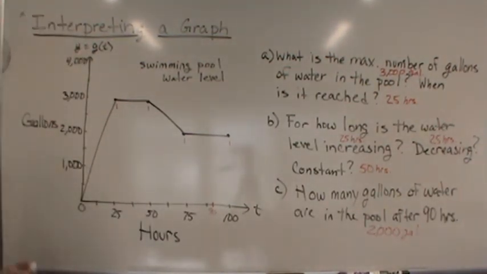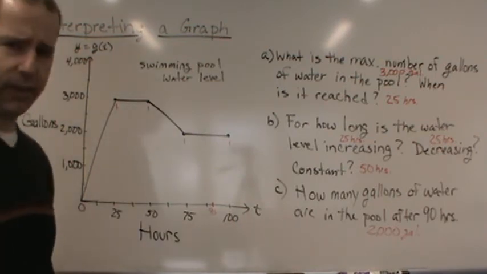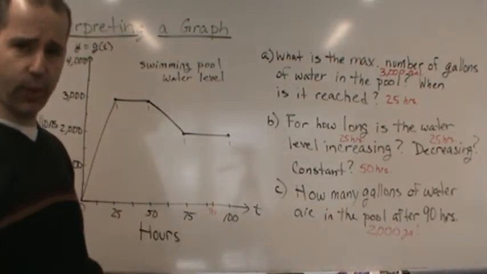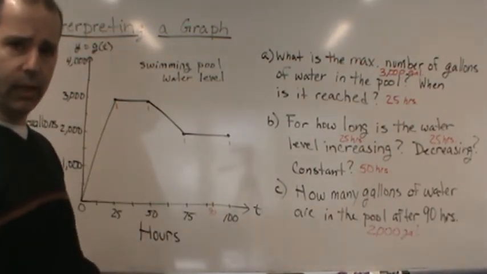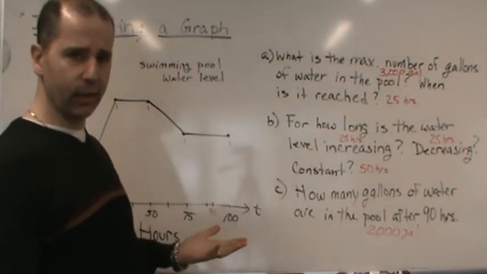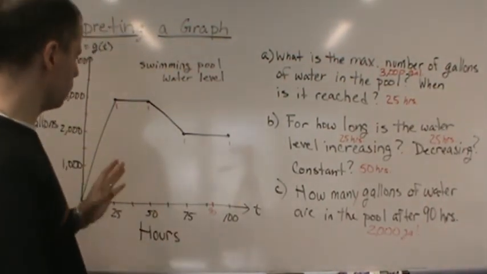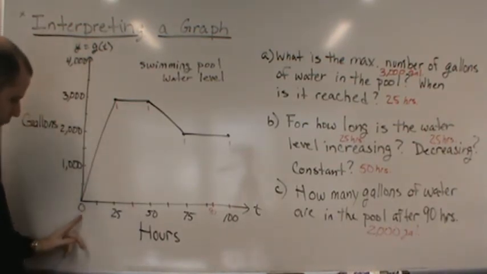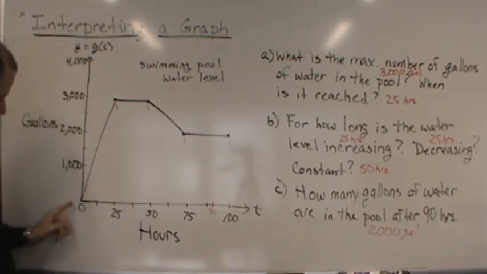Now, another question is, can you give a situation that would explain what's going on with this pool? You don't have to be detailed or come up with elaborate things. At the beginning, at 0 hours, we had no water in the pool, so it was empty.